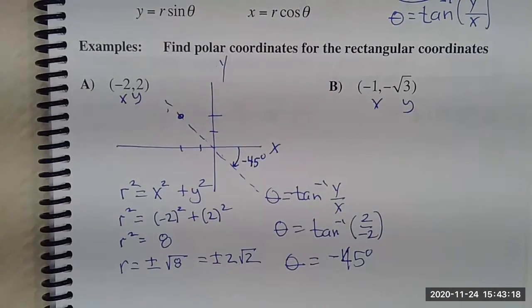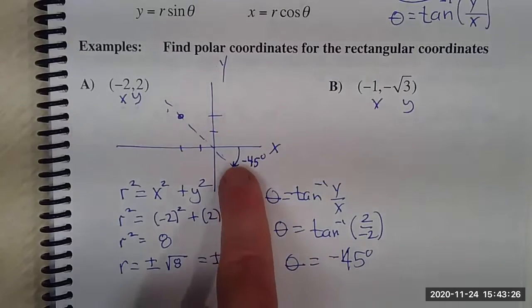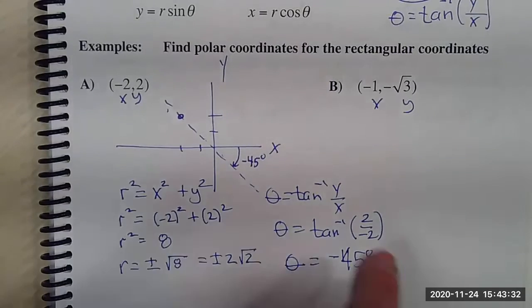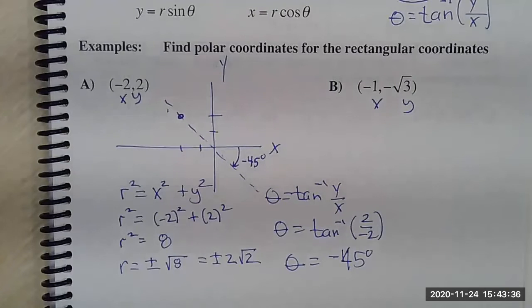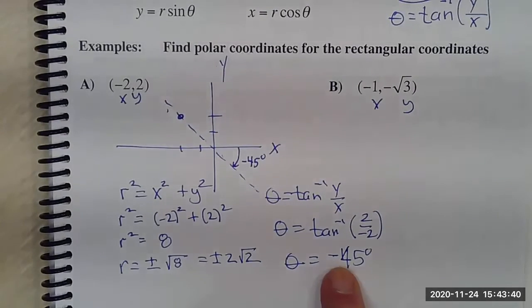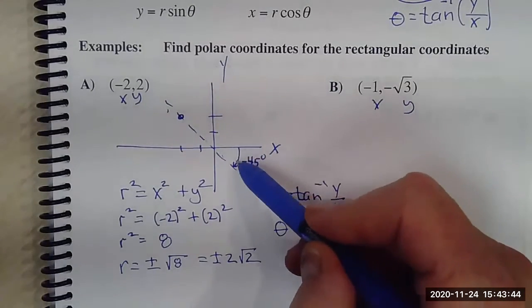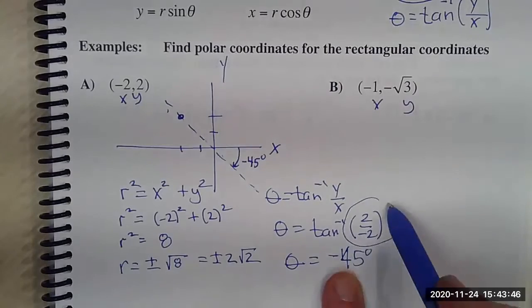Now you can use the -45 degrees, but are you going to use positive or negative 2 root 2? You could use this, that's fine, but will you use a positive or negative 2 root 2 to get you over here? Here's your negative pi over 4, or -45 degrees based on this formula.